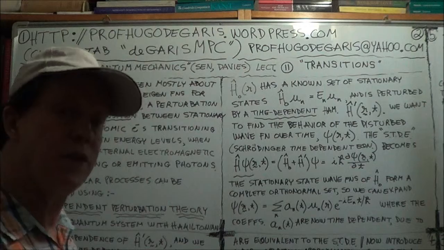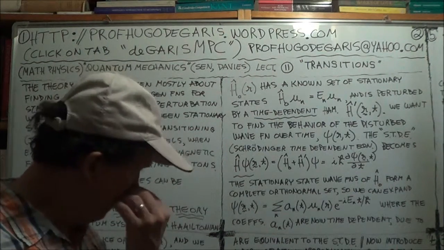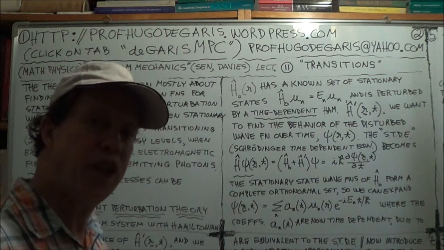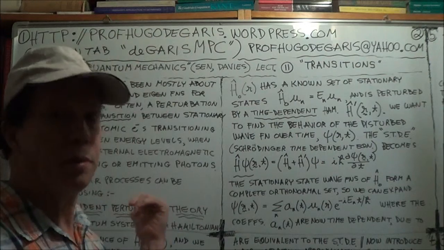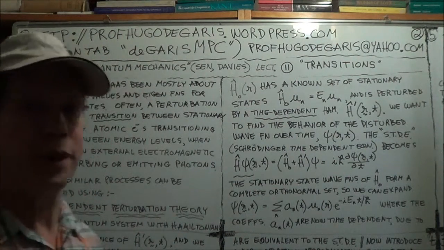So you can see why this chapter follows the previous chapter. We needed the knowledge of perturbation theory of chapter 10 to be able to do this. So yeah, expect that'll be the next session.